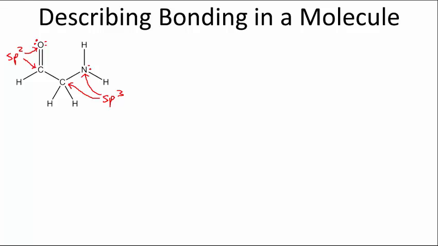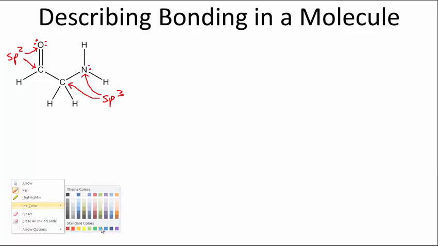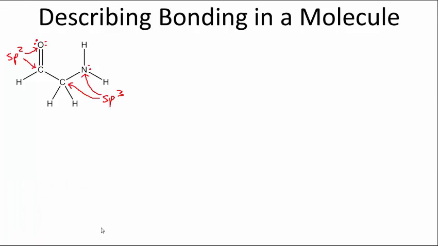When I look at the CO double bond, first of all, what 2 kinds of bonds are there? Whenever you have a double bond, what bonds are there? Libby? A sigma and a pi.